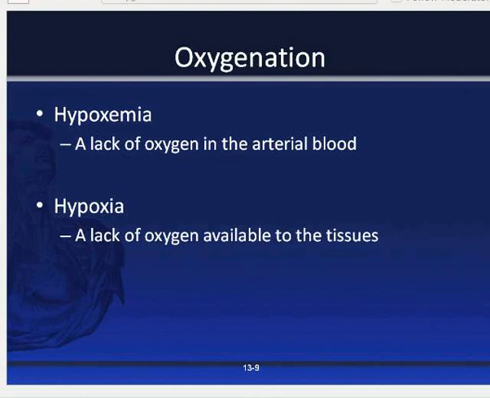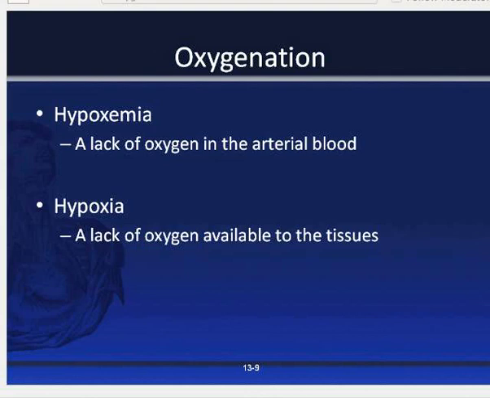Hypoxemia is lack of oxygen in the arterial blood. Causes of hypoxemia include chronic obstructive pulmonary disease, COPD is the acronym for that, a blood clot in the lungs, which is a pulmonary embolism, fluid in the lungs, referred to as pulmonary edema, severe pneumonia, congestive heart failure, and inadequate oxygen in the surrounding air, such as in a confined space.